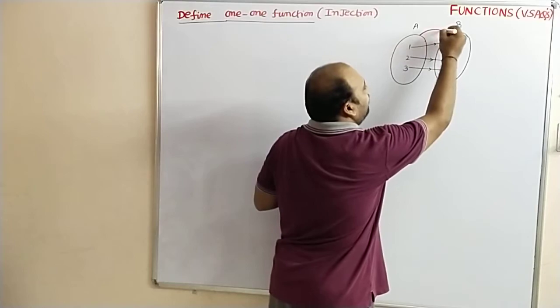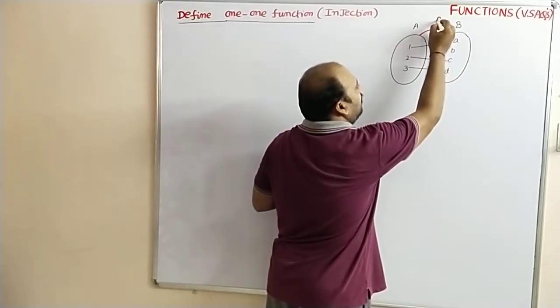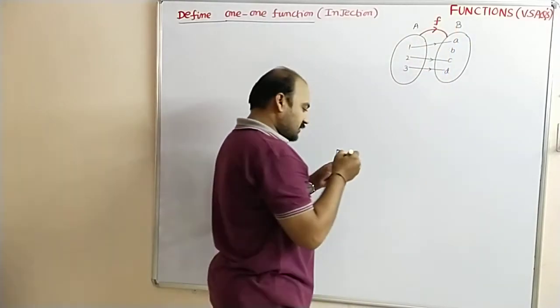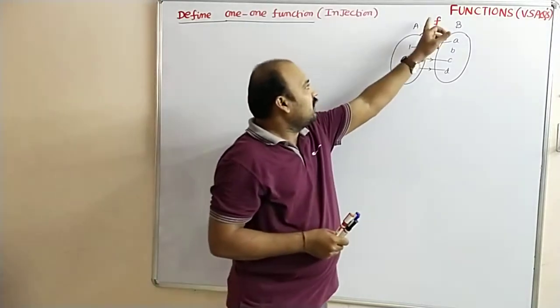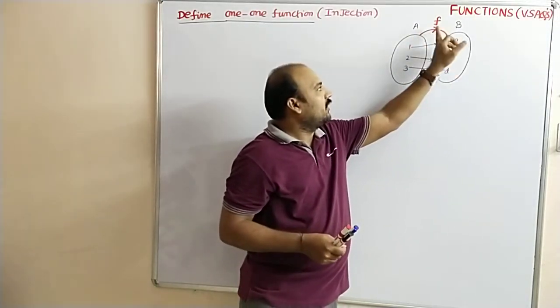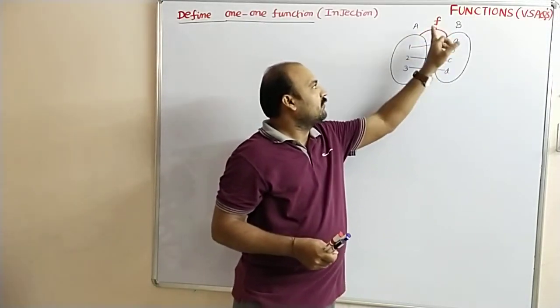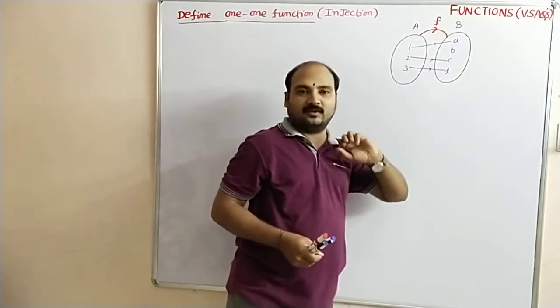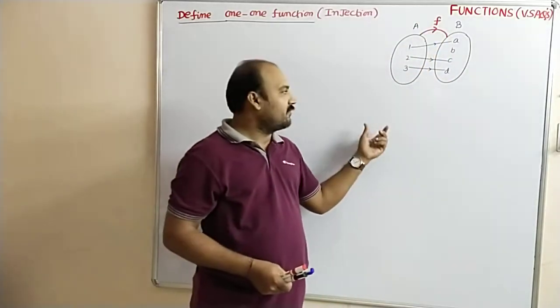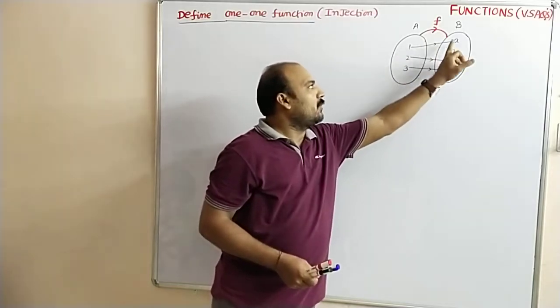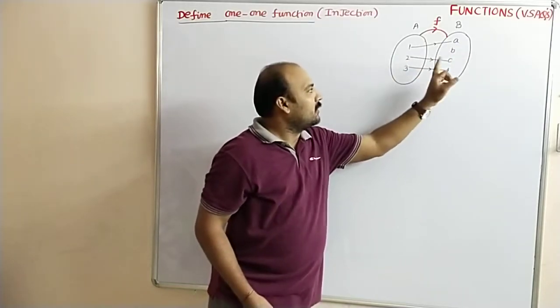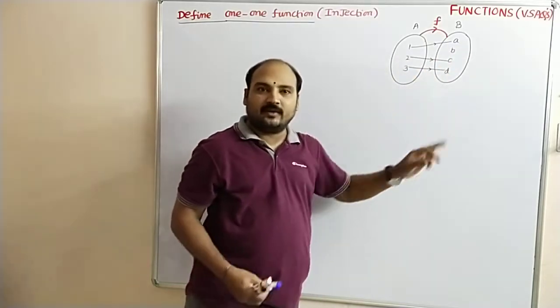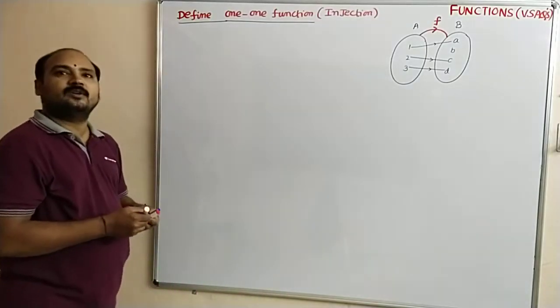The function f is defined from A to B. That means we can read it as f of 1 is equal to a, f of 2 equals c, f of 3 equals d. Like this you have to form a function f equal to {(1, a), (2, c), (3, d)} as ordered pairs. So now I will write the definition.